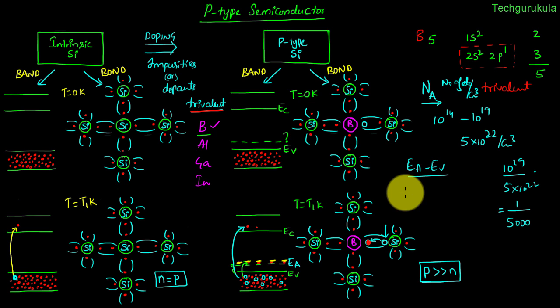So for example, for boron, this value is 0.045 electron volt. For aluminum, this value is 0.067 electron volt. And for gallium, this value is close to 0.072 electron volt.